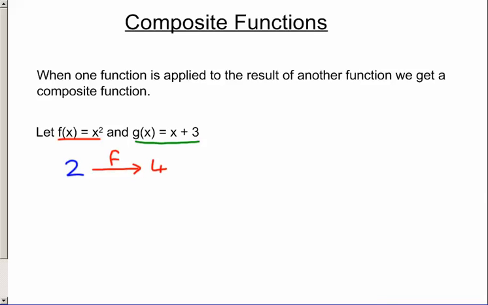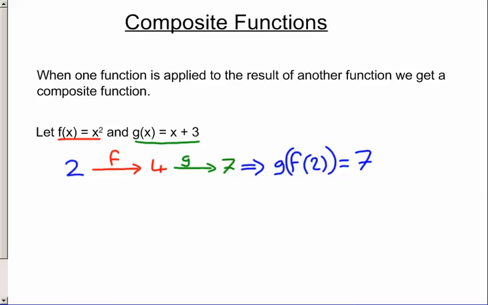Then we're going to take 4 and put that into g. And that gives us 4 plus 3 is 7. So in this case, we have g of f of 2 is equal to 7.